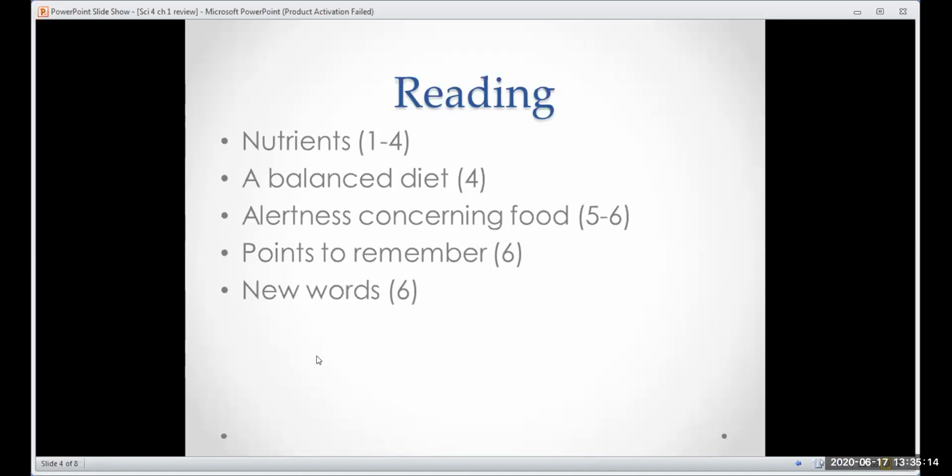Now, the last page will be read by Fatima. Fatima, read it fast so everyone can listen properly. Fatima is not there. Then Zoha can read.